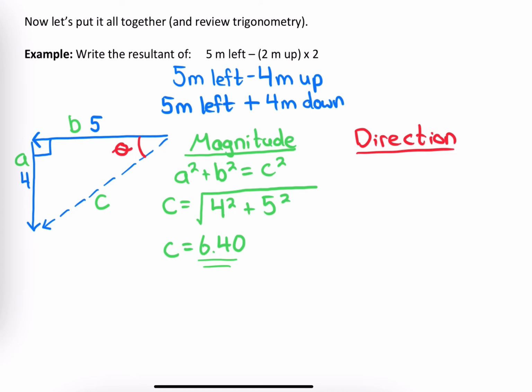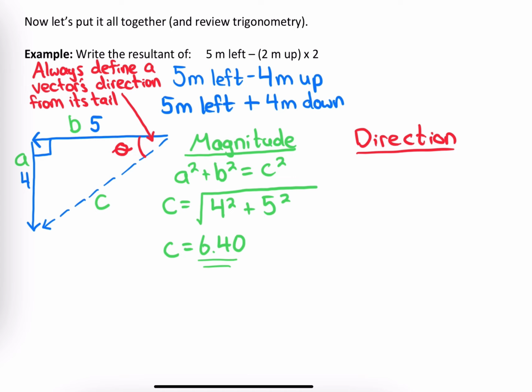So reminder here, when we define a vector's direction, we always do it from the vector's tail. So how am I going to find that theta?